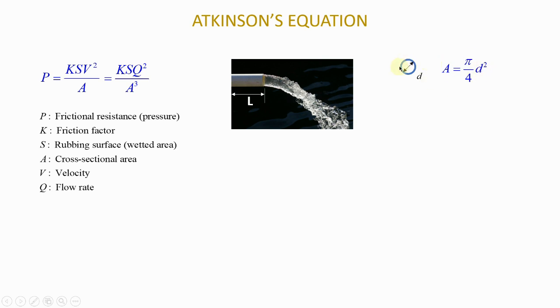And as I said, calculating the cross-sectional area is not difficult, but where students tend to make a mistake is when they have to find the rubbing surface, okay? When they have to calculate the wetted area, that is where they make mistakes. And so I will explain it to you now. So basically, the wetted area is the area that is in contact with the fluid that is flowing through the pipe, okay?